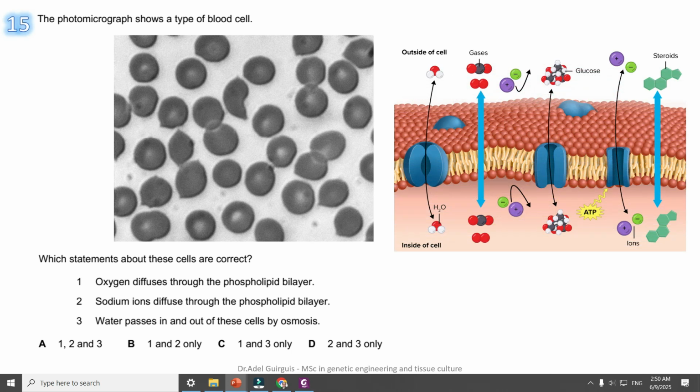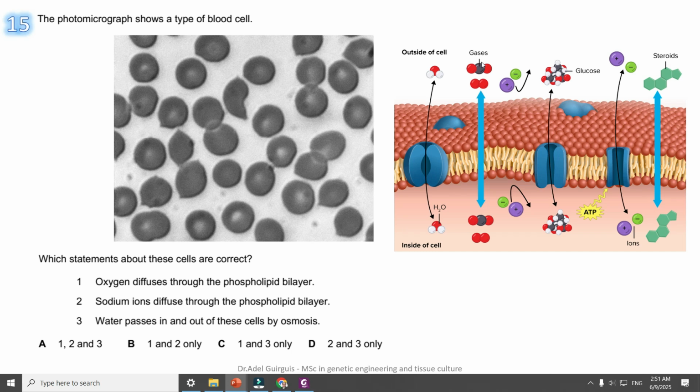Another figure. Look, what about gases? Gases pass through the phospholipid bilayer, although the tails of these fatty acids within the membrane are hydrophobic. Gases diffuse easily without permission. Why? Because they are hydrophobic.